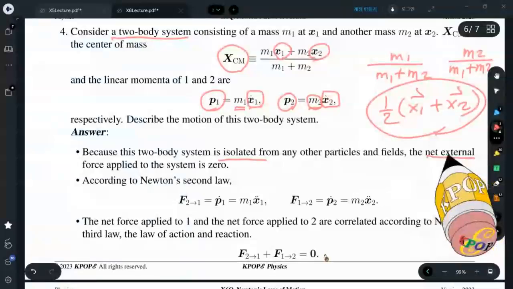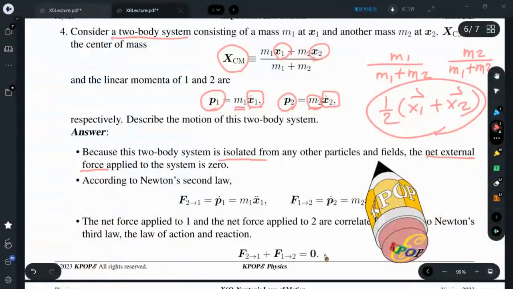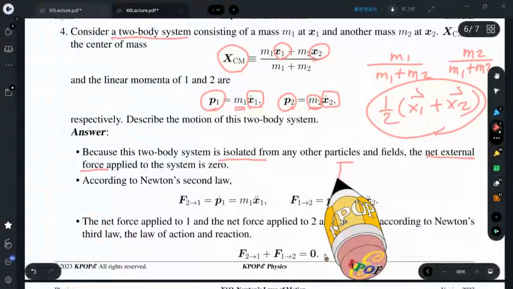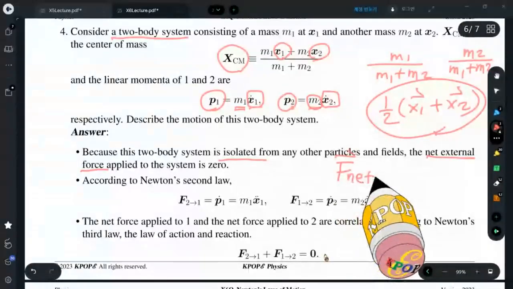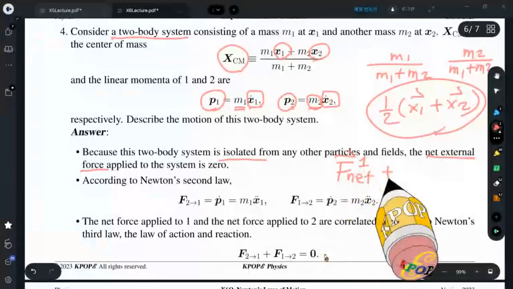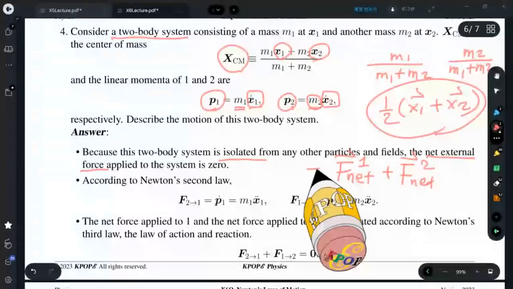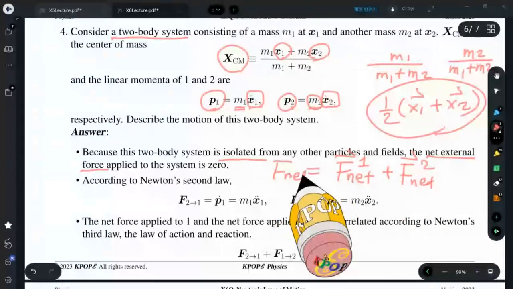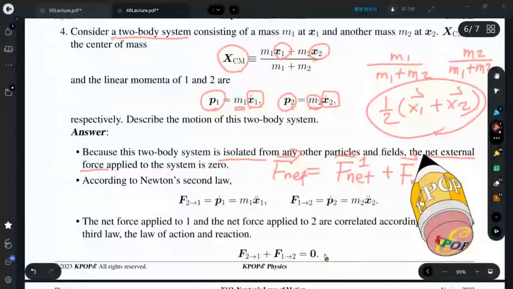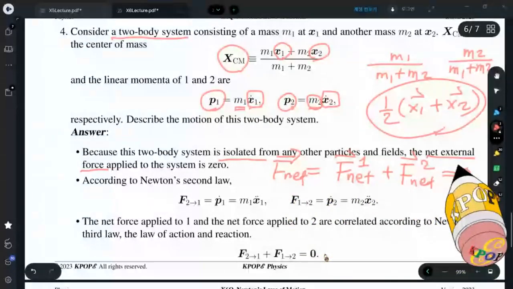Isolated, so the net external force equals 0. So F net of 1 and F net of 2 is called F net of this two-body system. It is 0.